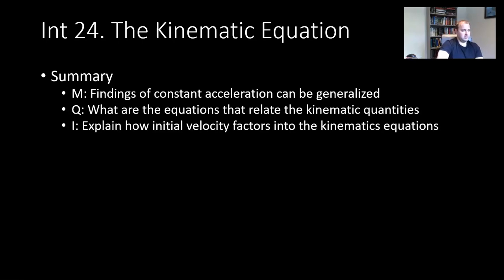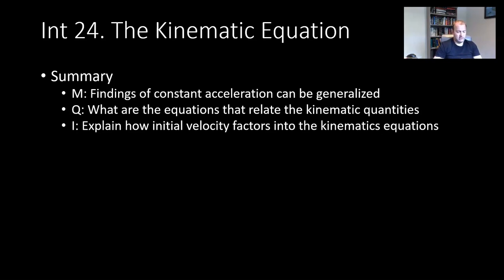So the basic idea behind this integration was to explain how the kinematics equations could be modified. First, the velocity equation, v equals at, could be modified to incorporate some initial velocity, just add that initial velocity on. And then how the distance time equation could be modified to incorporate an initial velocity as well.